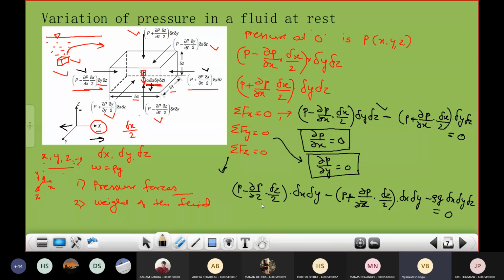Now when I solve this further, the volume of the element delta x delta y delta z can be cancelled out throughout.